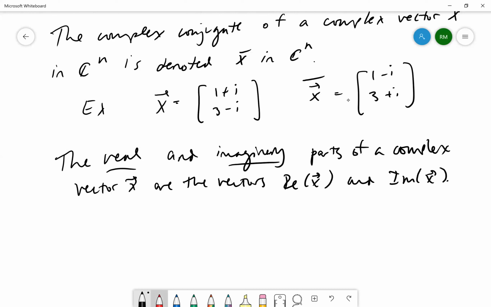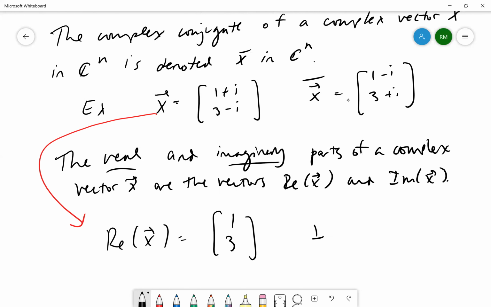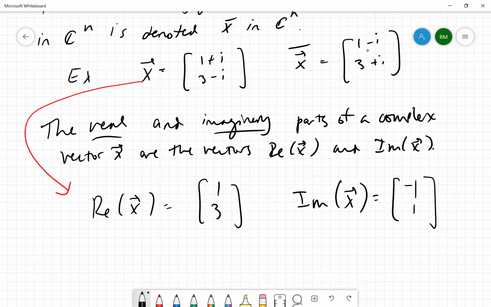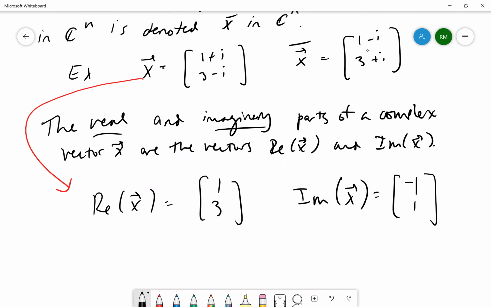So if we use the same vector from before, the real part of x is 1, 3, and the imaginary part of x is, excuse me, 1, negative 1.